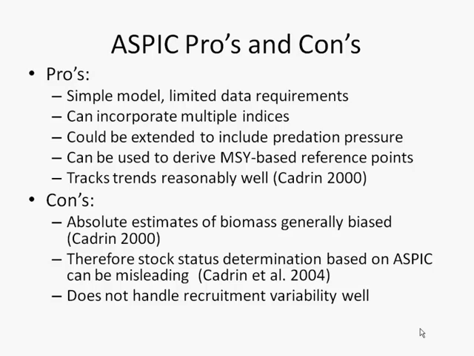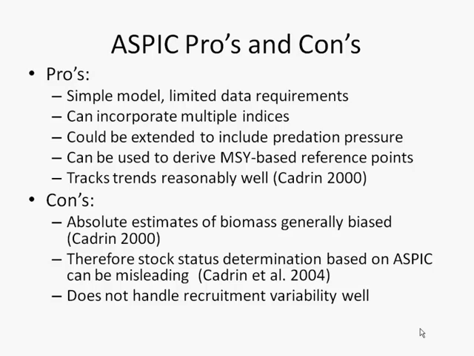This is a general property of these types of models, and often because of this they're only used to track trends, not in reference points. They're not used in shrimp reference points anywhere in the North Atlantic, even though some shrimp assessments do include the ASPIC model. They're not used in reference points for this exact reason.